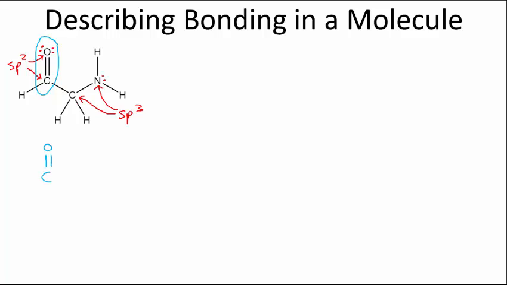All right. So we have a sigma bond. What orbitals come together to make the sigma bond? An sp2 orbital from the oxygen and an sp2 orbital from the carbon. So one way to write that might be to say, all right, it comes from oxygen sp2 and carbon sp2 orbitals.